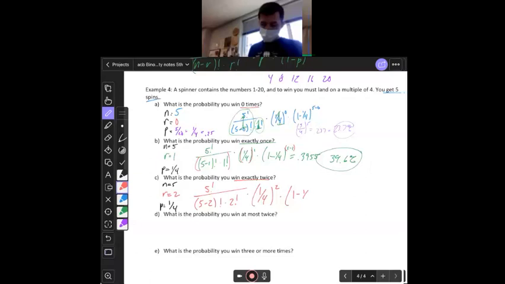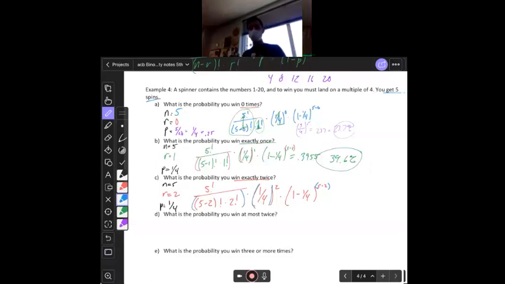You can make sure those extra parentheses are there if you need them. I'm getting 0.2636-ish. So it'd be 26.4%.